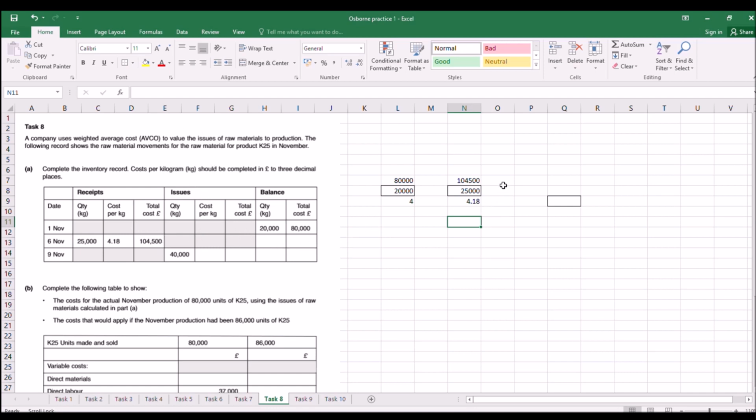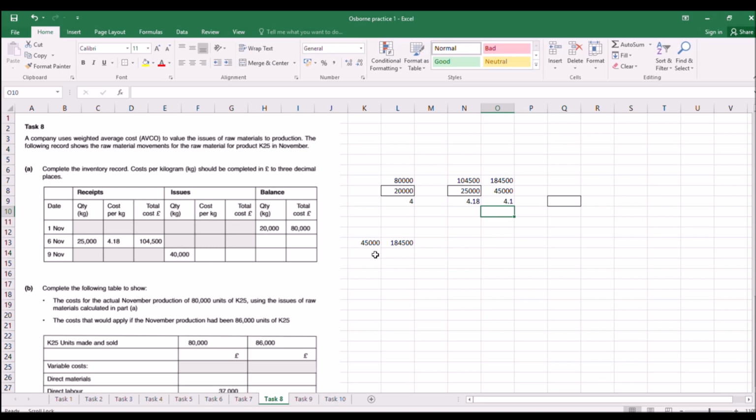Right, then we've got an issue, and we're under average cost. So our balance here, let's do the first balance. The first line would be 45,000 units and 184,500. So that's the first bit, those figures there. Then the next bit, we've got our average cost. So we now have to work out what price per unit in here.